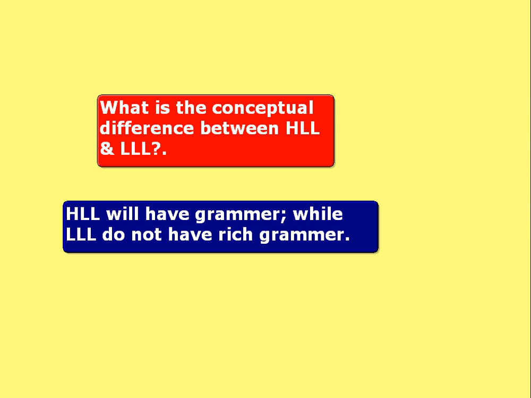High-level languages are uniquely identified by their rich grammar, whereas low-level languages will not have any grammar. Of course, low-level languages have the freedom to directly interact with the parts of the machine. And also, a low-level language program will be faster than an equivalent high-level language program.